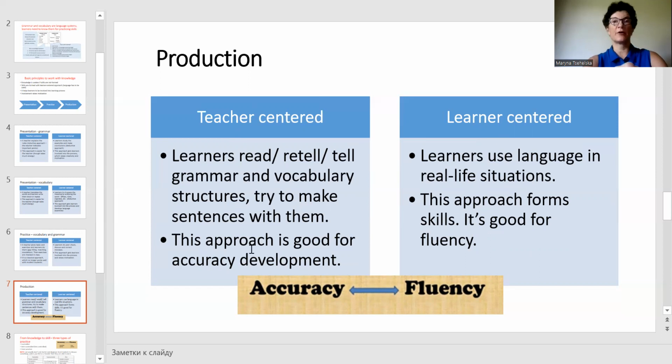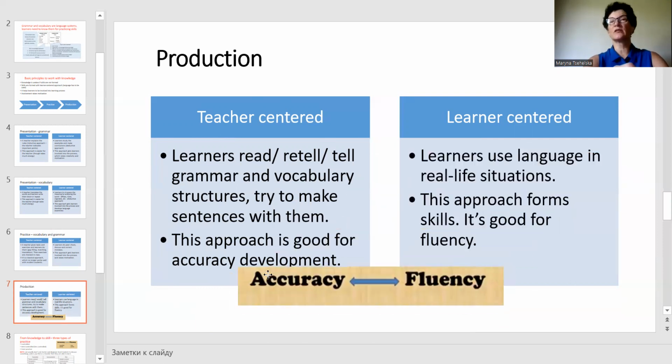Here you remember that when your learners do grammar tasks, gap filling, matching, making sentences, accuracy is important here. So you correct them immediately, and this is the time when you are working on accuracy.